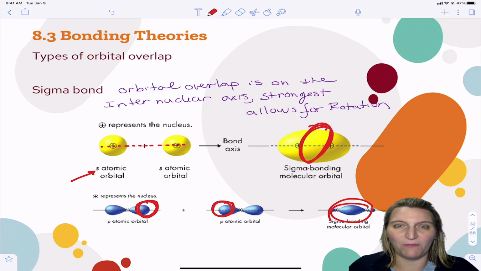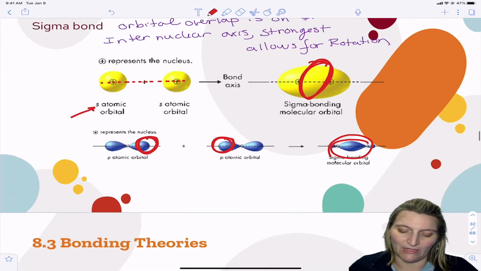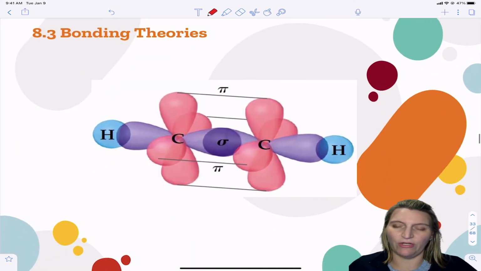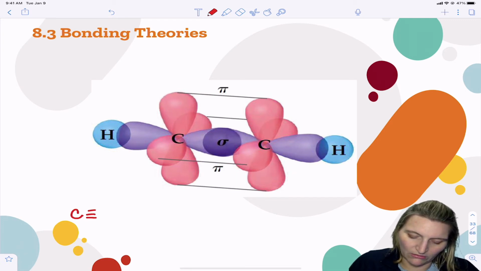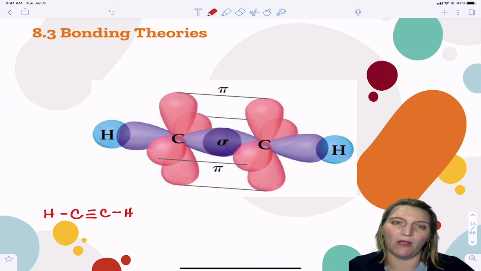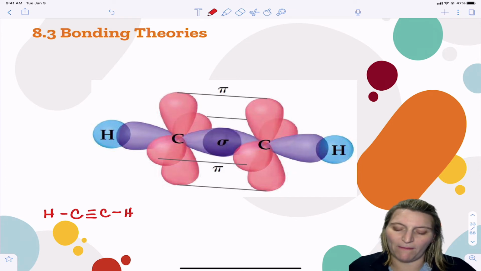If we have sigma bonds, that means there's probably going to be another type of bonding, right? This picture here shows us the two different bonds. This is the molecule ethine. And there's a triple bond in between those two carbon atoms. We are going to talk about that in a moment, but I want to just focus on the single bonds.